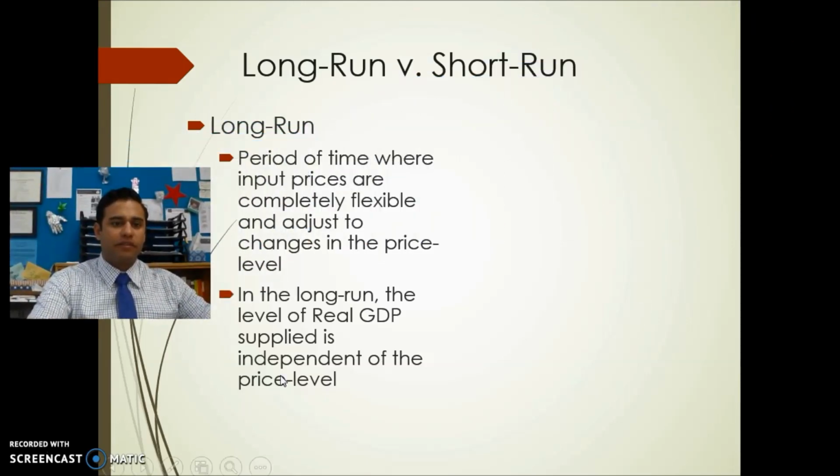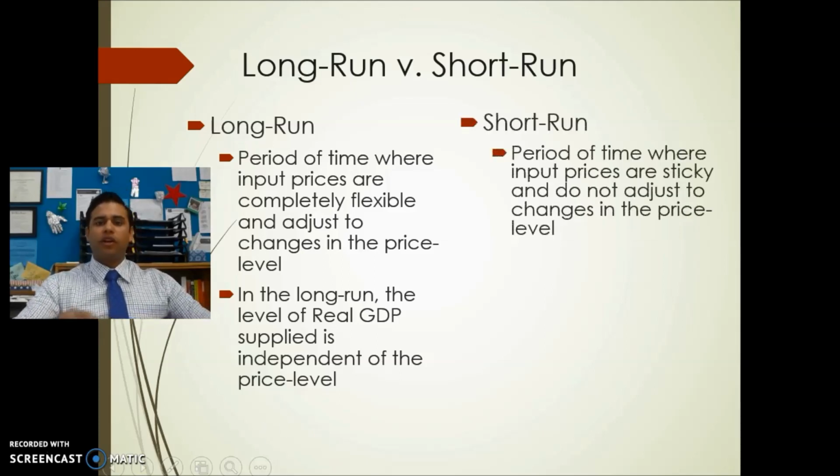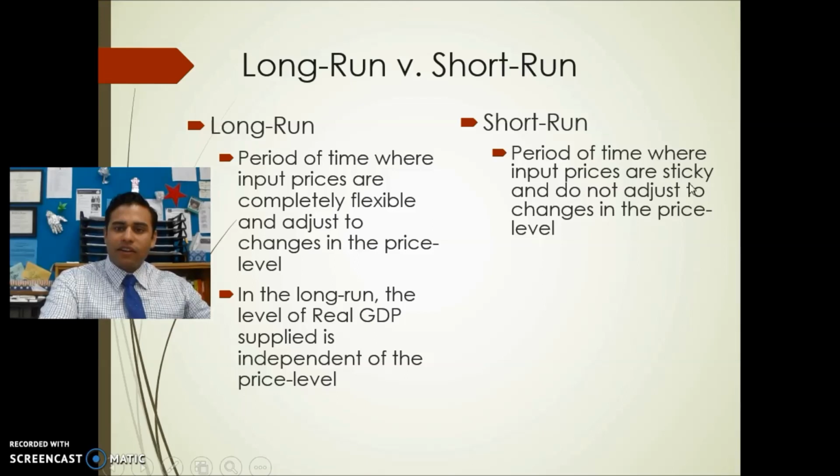Now let's go ahead and take a look at our short run. The short run is the period of time where input prices are sticky. They do not adjust to changes in price level. And that term sticky is an academic term. So I need you to understand that the prices are sticky.